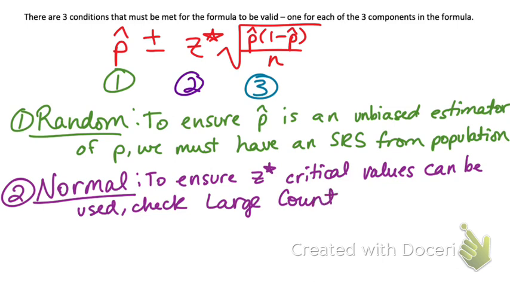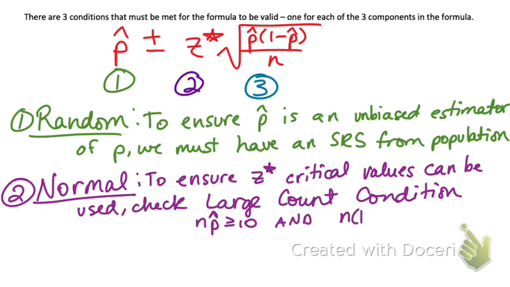You guys already know how to check this. We need to make sure that n times p hat is greater than or equal to 10, and n times 1 minus p hat is greater than or equal to 10. We're going to check both of those. If both of those pass, then we are for sure guaranteed to have a normal sampling distribution of p hat, and so z-star can be used because z-scores come from a normal distribution.